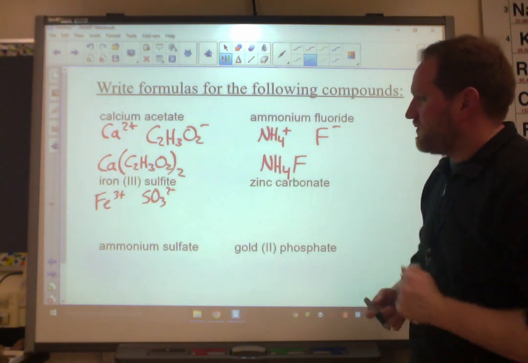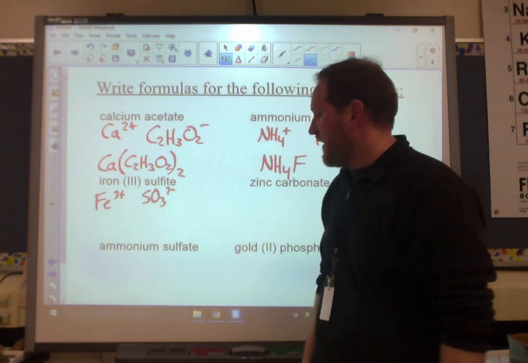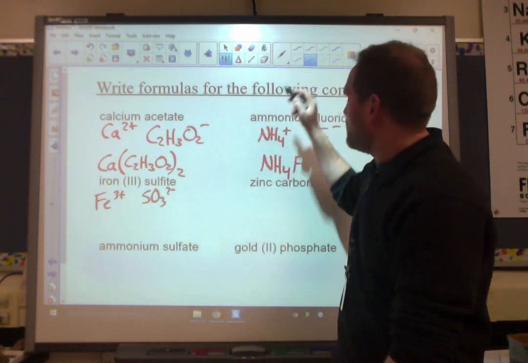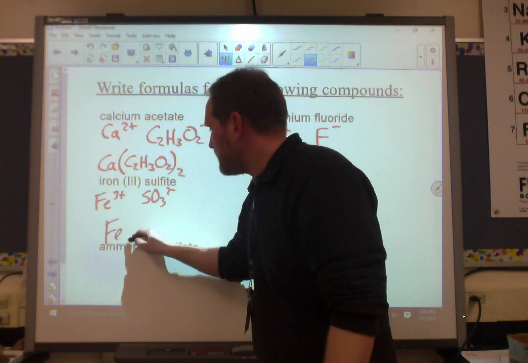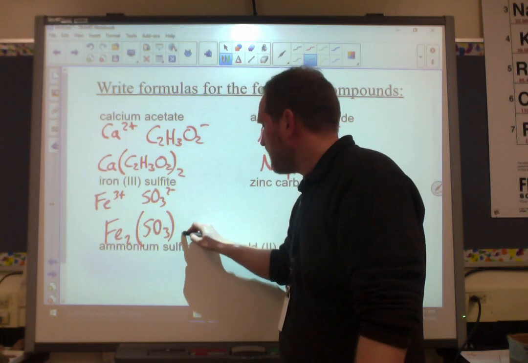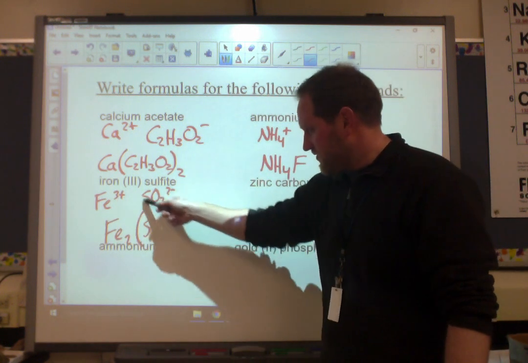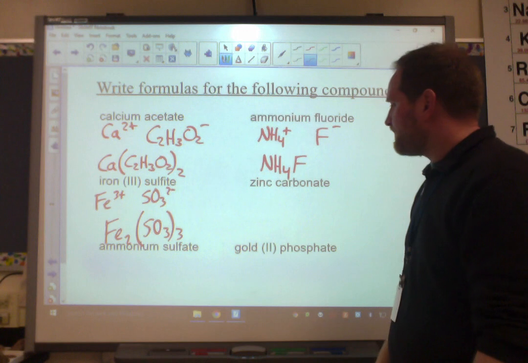We crisscross the 3 and the 2. We will need parentheses because we're going to need 3 sulfites and 2 irons. So my formula is going to be Fe2, parentheses, SO3, close parentheses, 3. Because again, we have 3 sulfites and 2 irons.